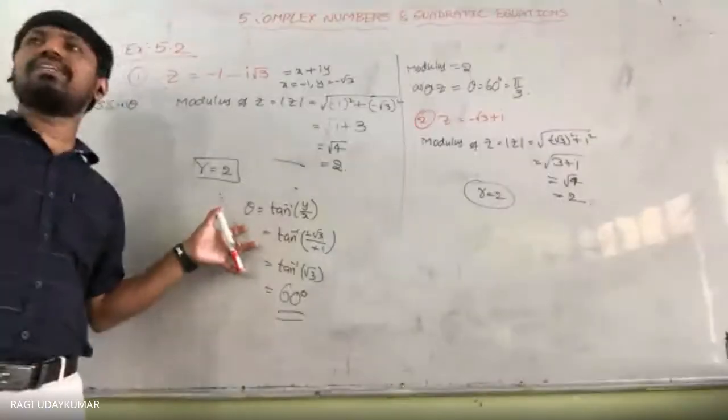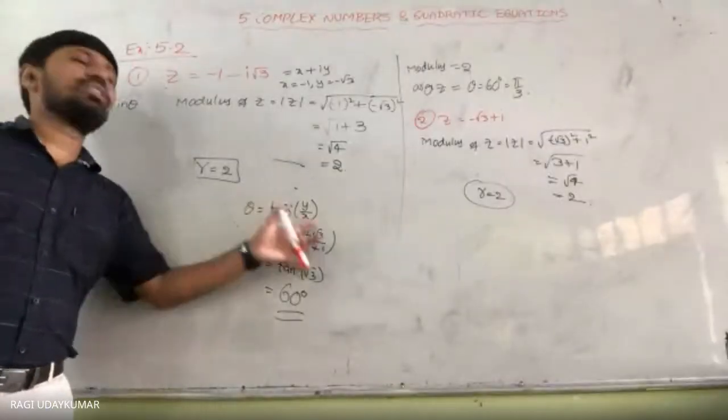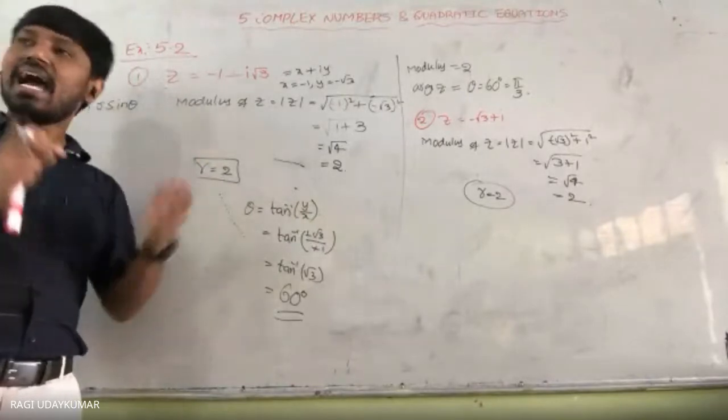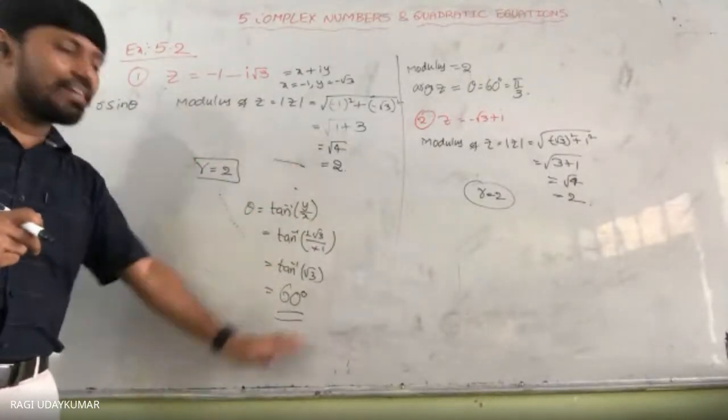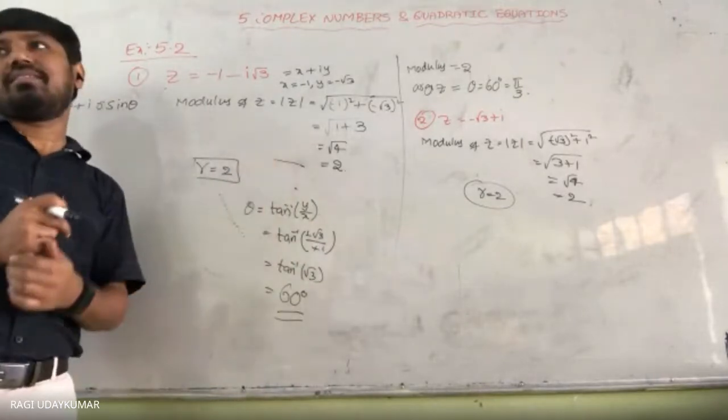Most of the students will take theta equal to tan inverse of y by x and it goes wrong. This way is mostly wrong.